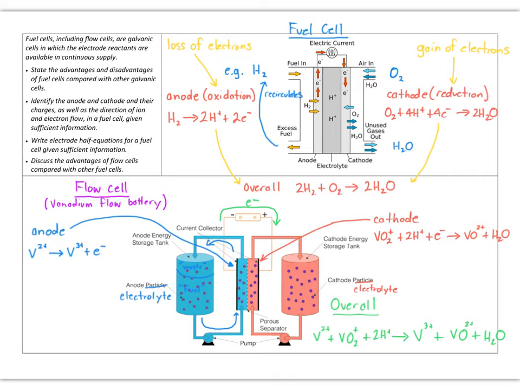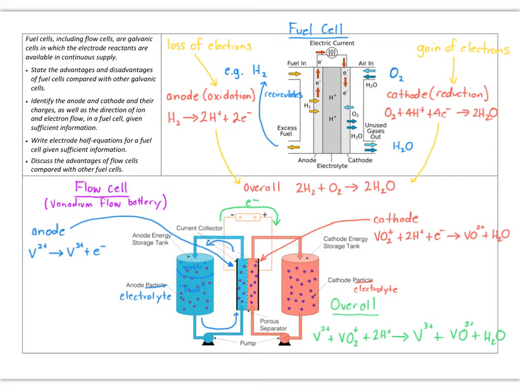Eventually, obviously, if that fuel gets all used up, you just pump out the waste from the tank, which can in some cases be regenerated. The book talks about how the waste is regenerated. I don't see that as part of the course, so I'm not talking about it here. But you can just then put in more, and I use fuel in inverted commas, so you put more of the vanadium fuel in, and then the battery can keep going.